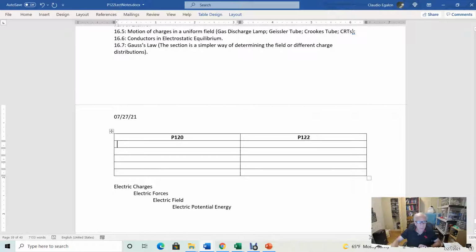In physics 120, I introduced you to the concept of mass. In physics 122, we have this other idea, which is the electric charge. In physics 120, that is what we call the gravitational force, gravitational attraction, the law of universal gravitation.